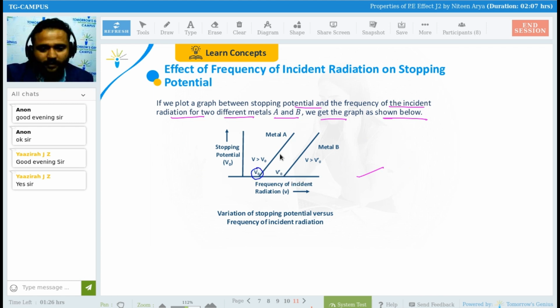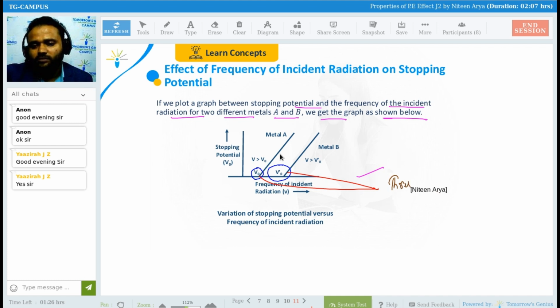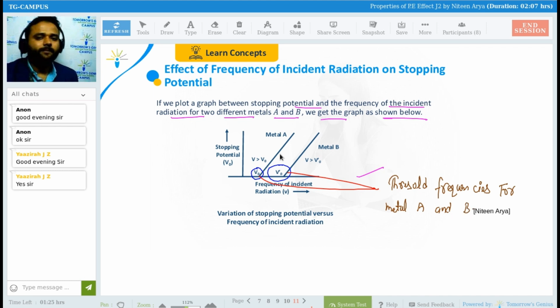These are basically the threshold frequencies for metal A and B. Clear?